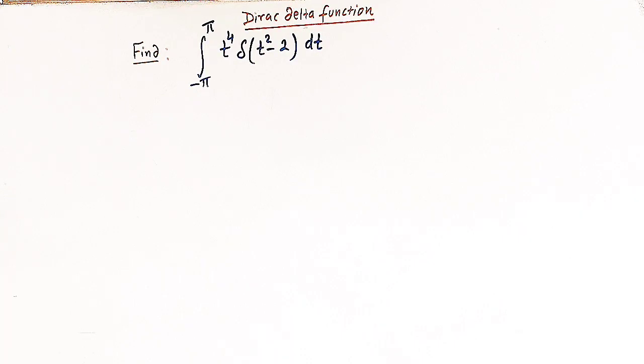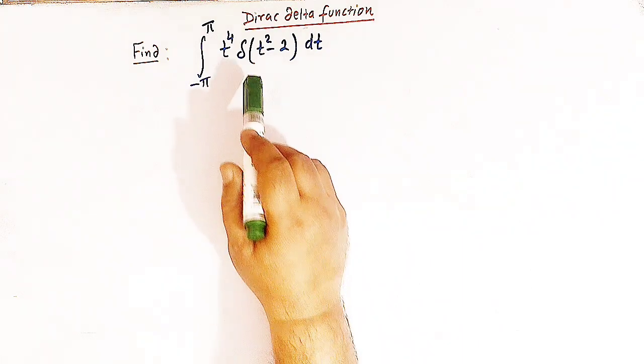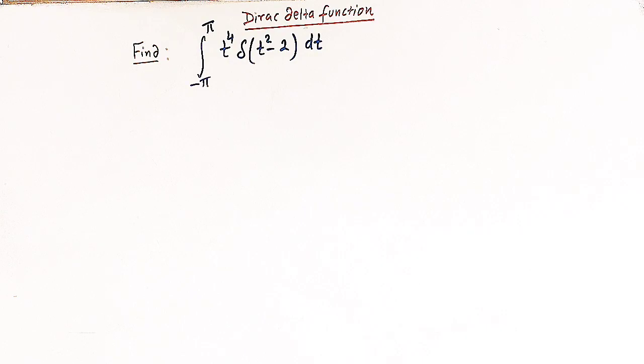So here we'll solve this integral with the help of one important property of Dirac delta function, right? So let us first state the property, and then we'll see how we can apply that property to simplify this integral. So let us start.